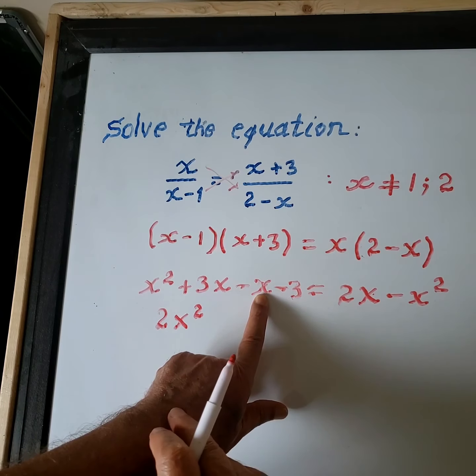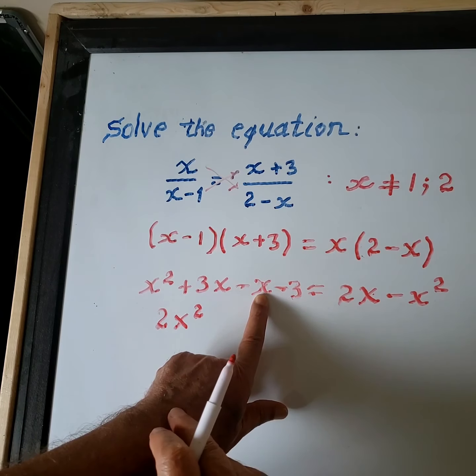So the equation changed into a quadratic equation, and this can be solved in two ways, either by factoring or by the rule. By factoring, let us see it as a difference between two squared quantities.